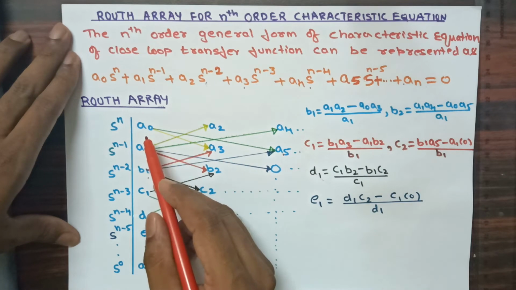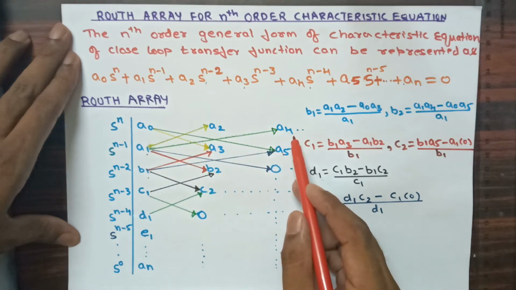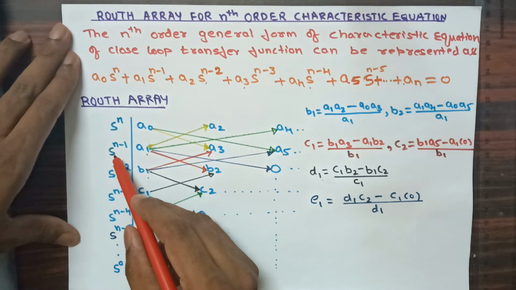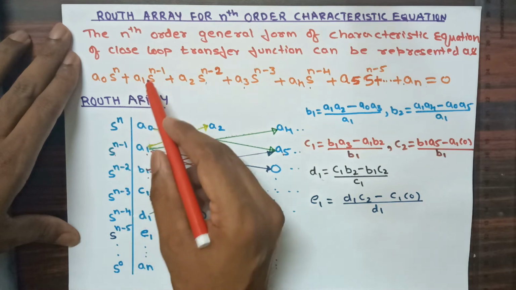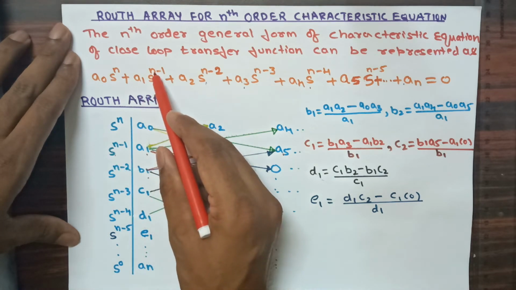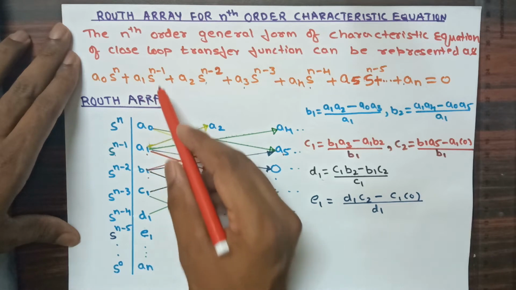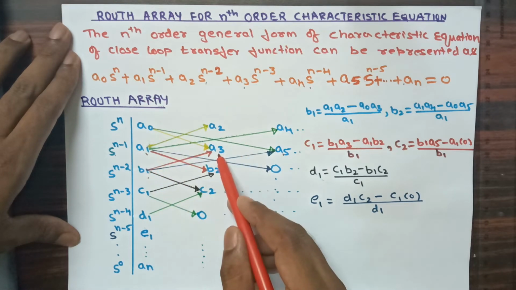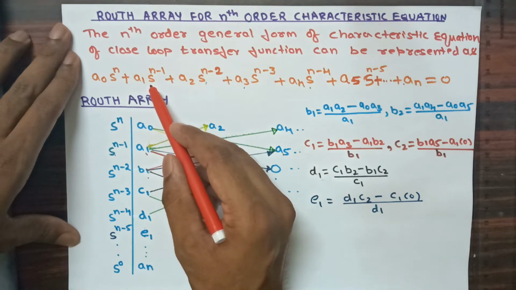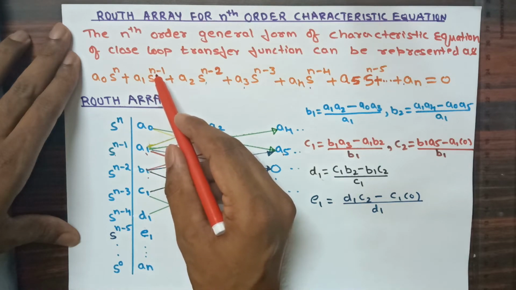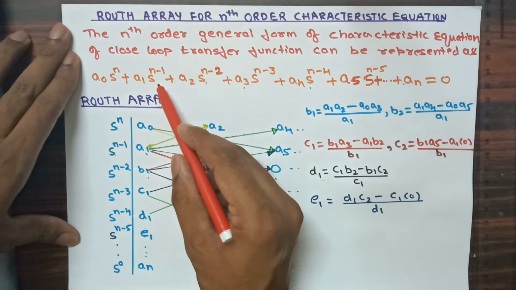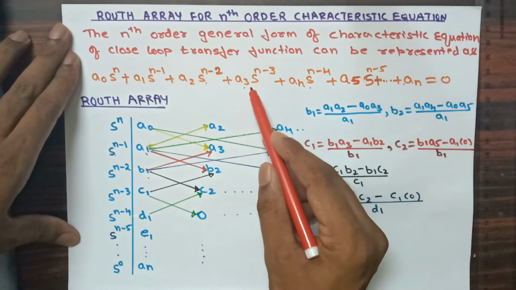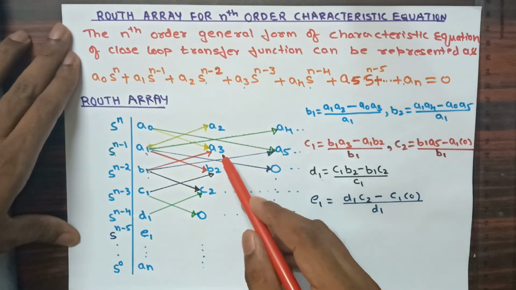Now in this way we are going to form the first row, and for the second row, here I have considered s to the power n minus 1. You can see in the characteristic equation the s to the power n minus 1 coefficient is a1, that I have considered here as the first value. Now to get the second value we are going to take the alternate value of s to the power n minus 1, which is s to the power n minus 3, and its coefficient is a3, that I have taken here.